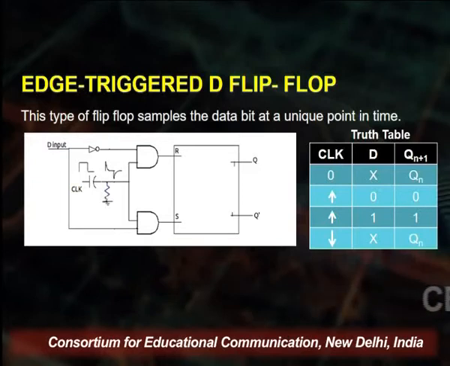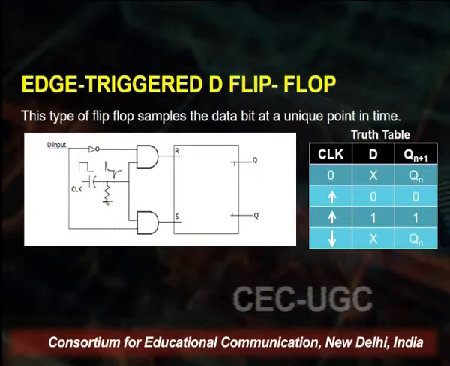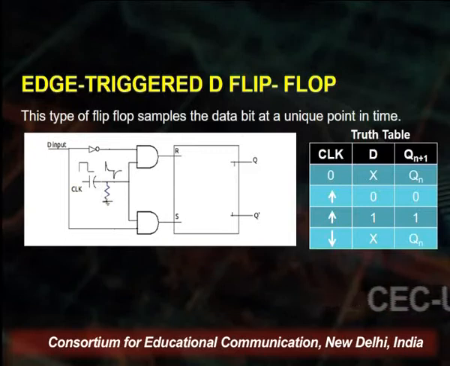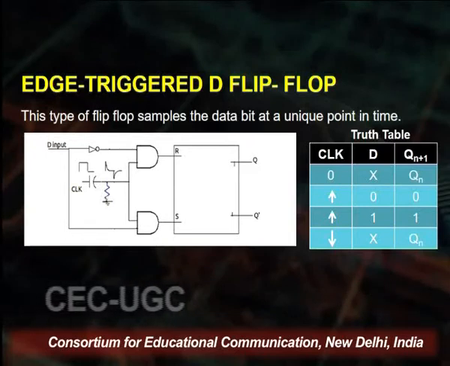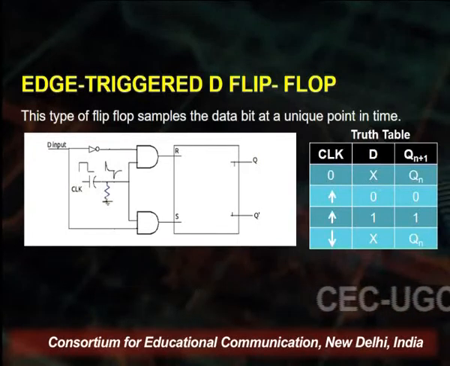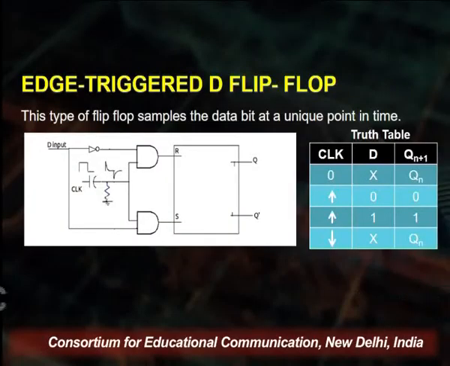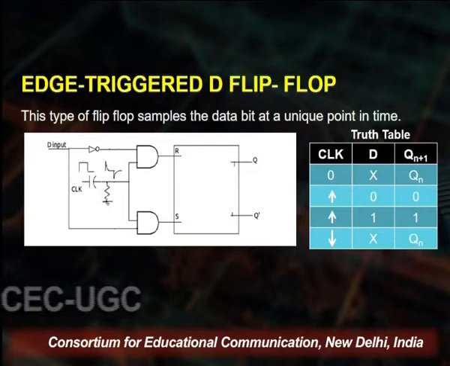So we can understand here, again looking at the truth table of the edge triggered D flip-flop, that till the time the clock is 0, there is no clock, then the D input is again a don't care, and the next state output of the flip-flop is the last state. At the rising edge of the clock, when D is equal to 0, the output, that is the next state of the D flip-flop, is 0.